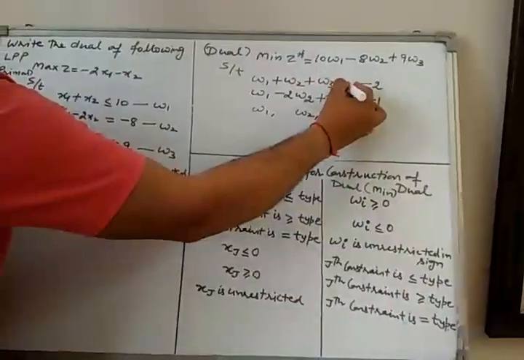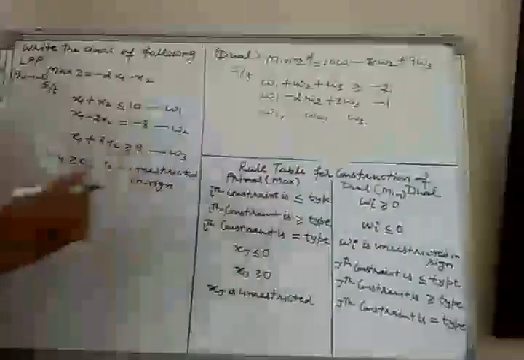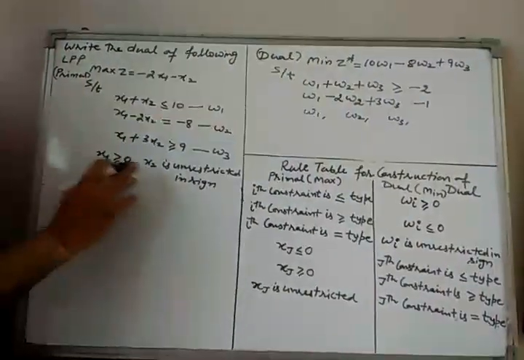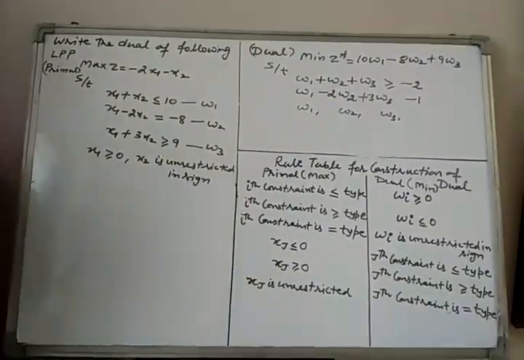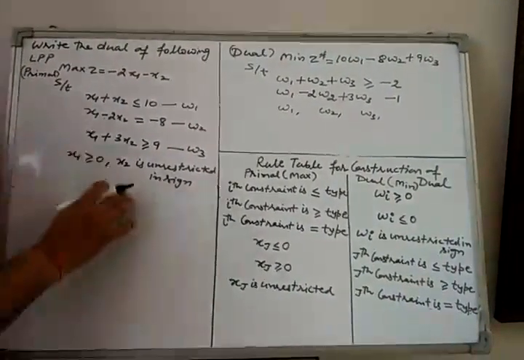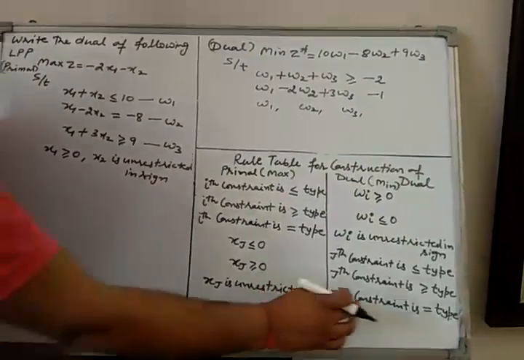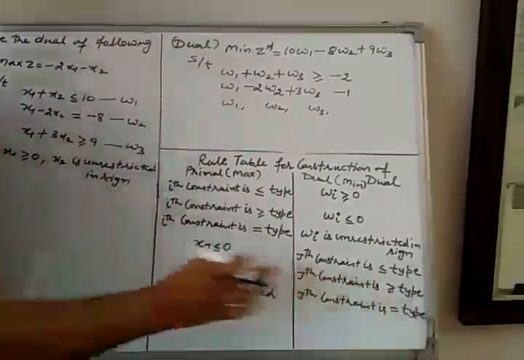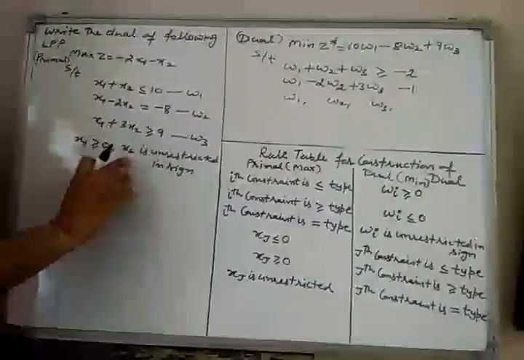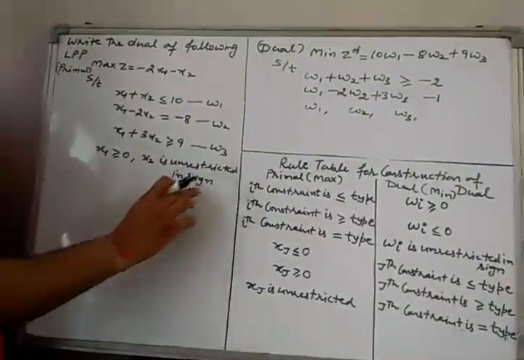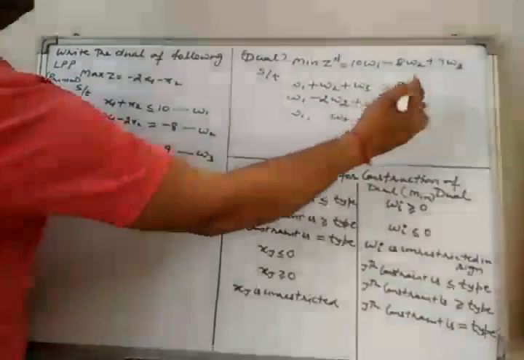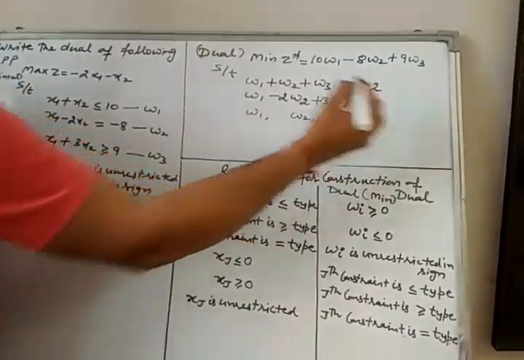Therefore, the first constraint is of the type greater than equal to. The second primal variable is unrestricted. If a primal variable is unrestricted, then that constraint is of equality type. Therefore, the second dual constraint is of equality type.